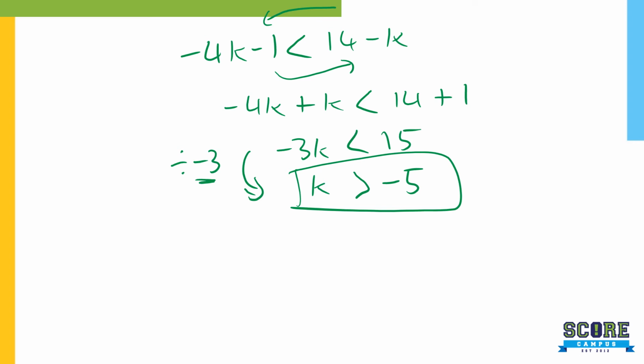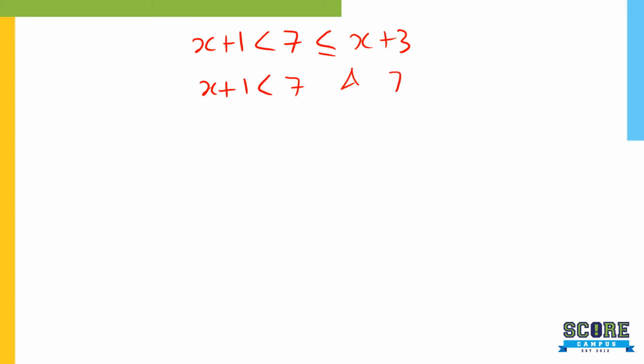Okay, now moving on to something slightly more difficult, where you have two inequalities combined together. For example, x plus 1 smaller than 7 smaller than or equal to x plus 3. For this, you should break it up: x plus 1 smaller than 7 and 7 smaller than or equal to x plus 3, and you solve individually.